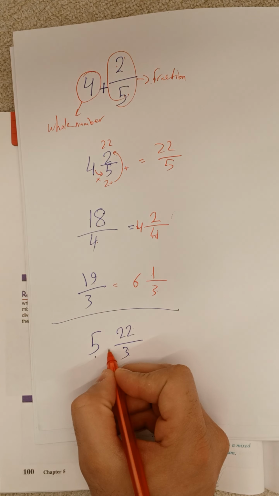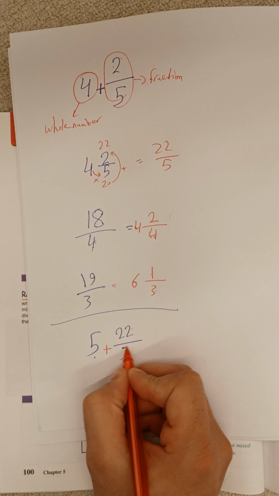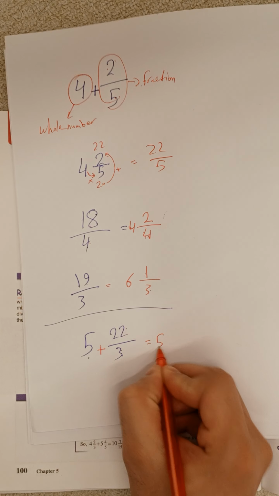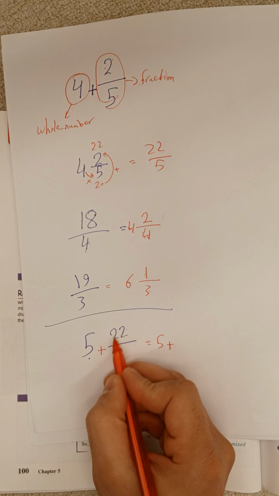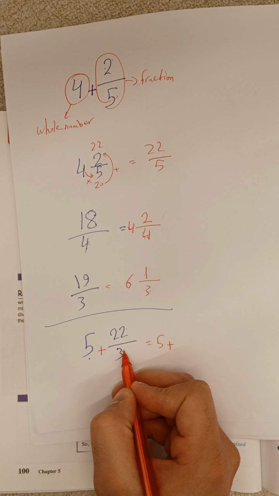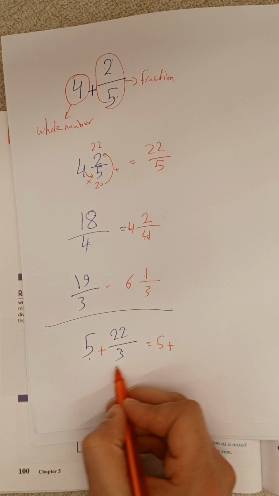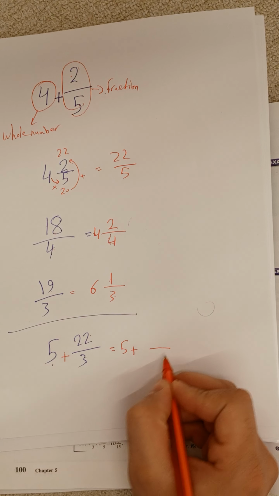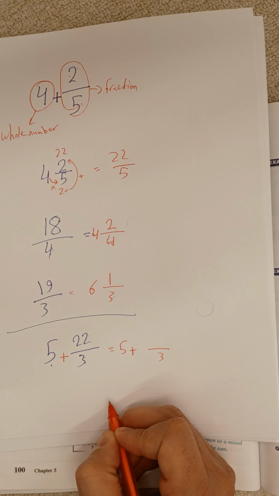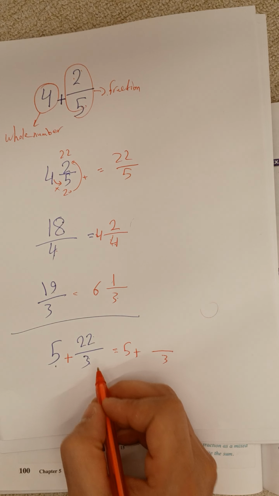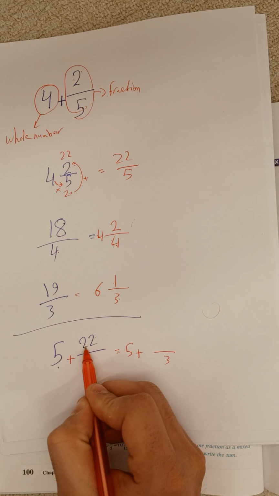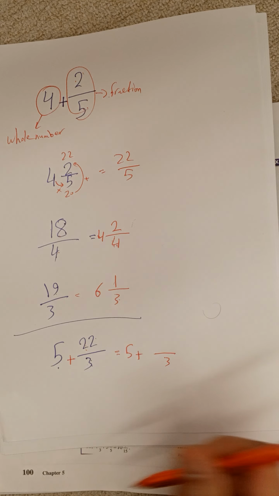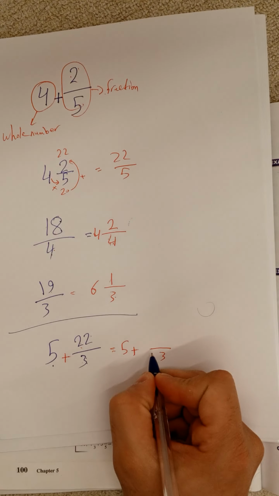But do not forget, we say that there is addition between the whole number and the fraction. Let's say 5 plus. Instead of this one, we can use our mind or you can use the long division. Let's use our mind, it's better. Our denominator is 3. Okay? 3 times what number is very close to 22?